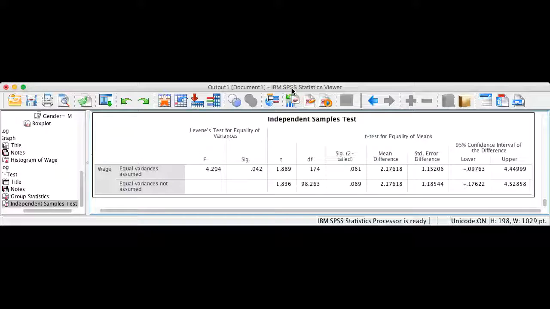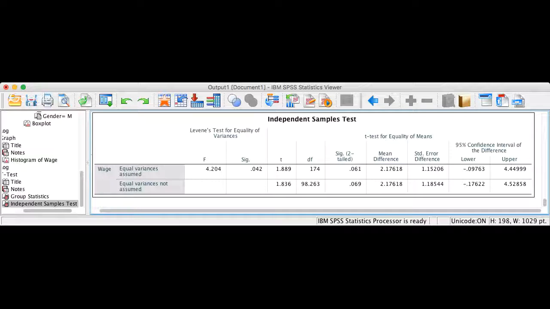I'll show you this just so you can see what it looks like. You'll get something like this. Is this showing on your screen?